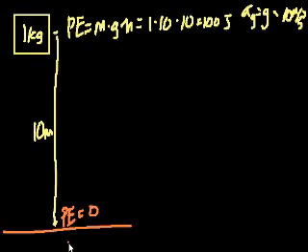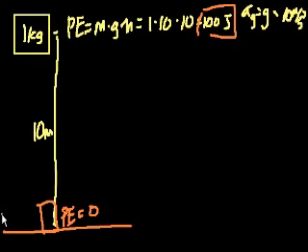That gravitational potential energy was converted into something else, and that something else is kinetic energy. Since it has no potential energy, all of this 100 joules is now going to be converted into kinetic energy. And we can use that information to figure out its velocity right before it hits the ground.